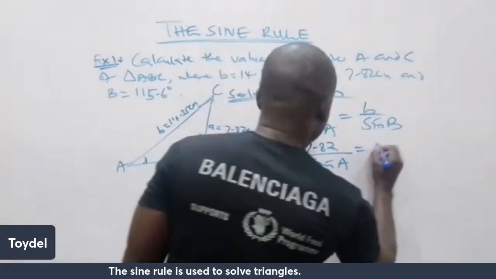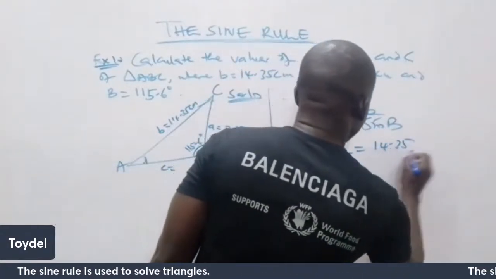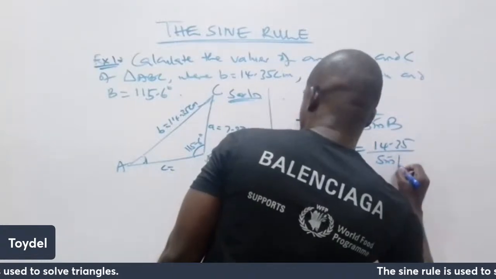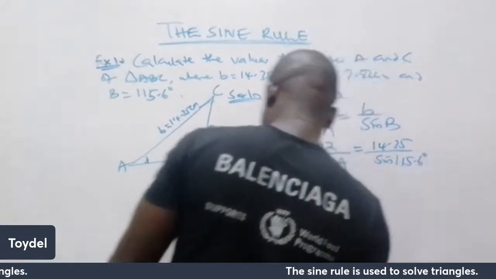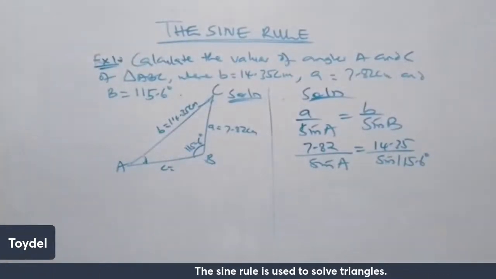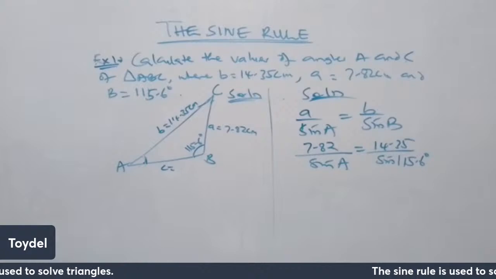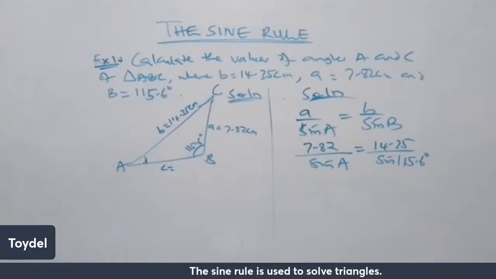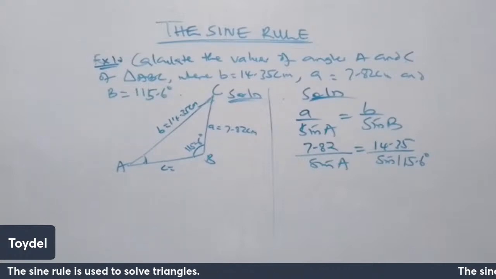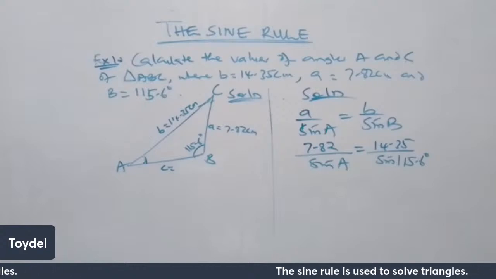Angle A is equal to b, which is given as 14.35, over sine 115.6 degrees. Please recall when I introduced quadrants the other time. I said sine 115.6 falls under the second quadrant, and in the second quadrant, sine is positive. So that simply means that sine 115.6 degrees is the same thing as sine of 180 minus 115.6 degrees.